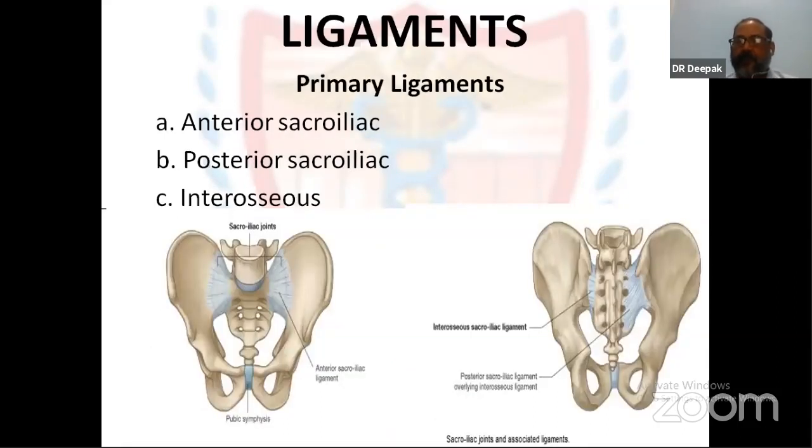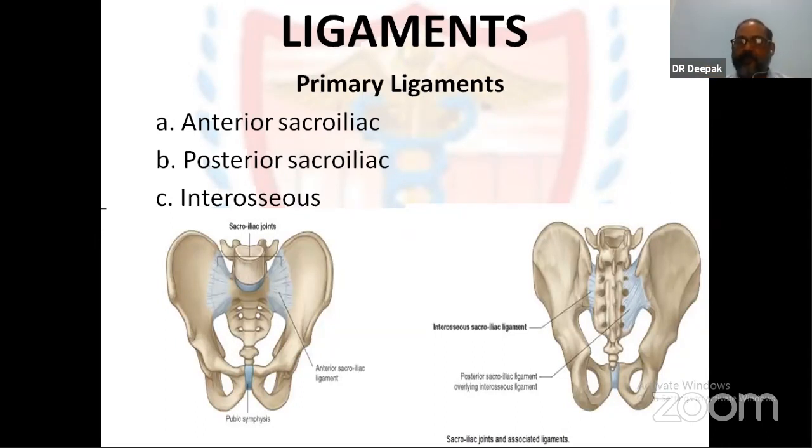So, there are mainly primary ligaments and secondary ligaments of the SI joint. First, we discuss the primary ligaments. There are three primary ligaments. First is the anterior sacroiliac ligament, which is on the anterior side. That means the face side is the anterior side and the back side is the posterior side.